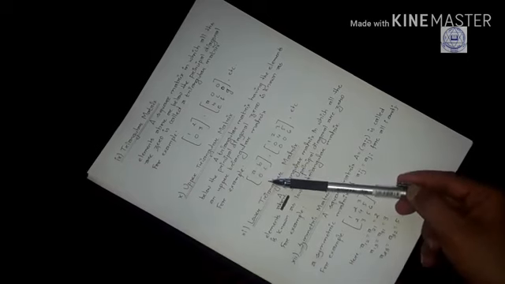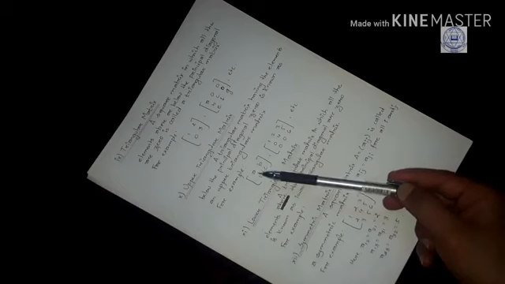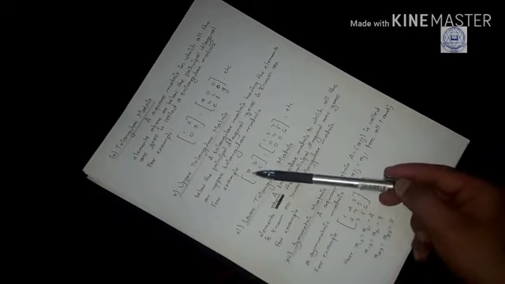It is a square matrix, a triangular matrix, and elements below the principal diagonal are 0. It forms a triangle on the top upper part of the matrix. That's why it is known as an upper triangular matrix. Here in the second example also you can see the elements below the principal diagonal are 0, and it forms a triangle above the principal diagonal.